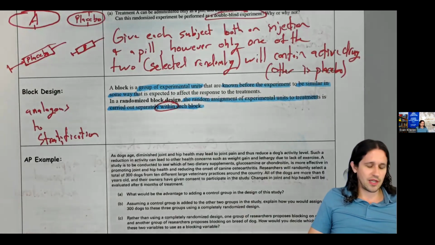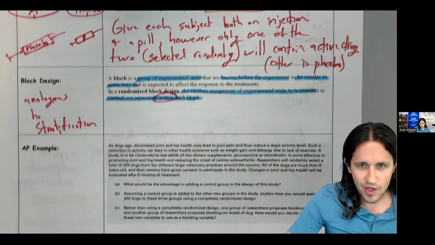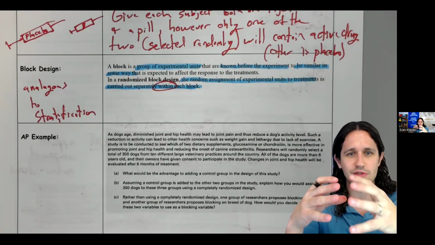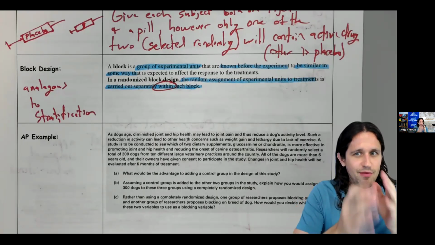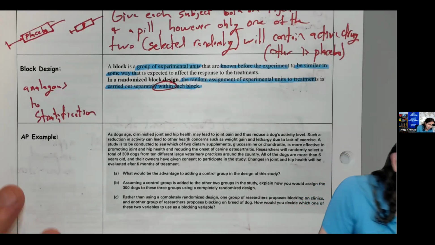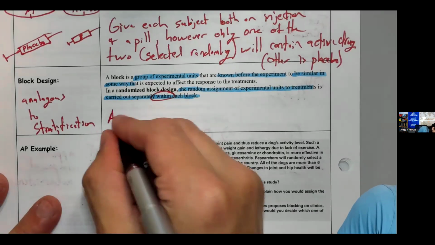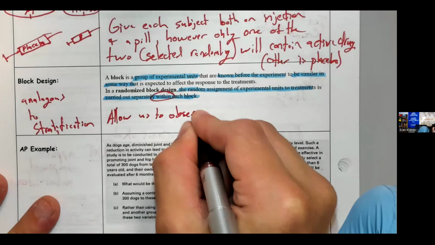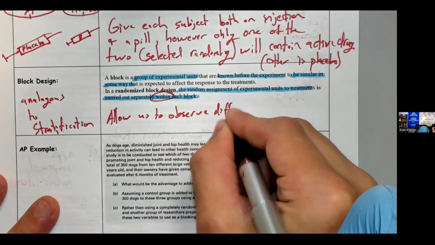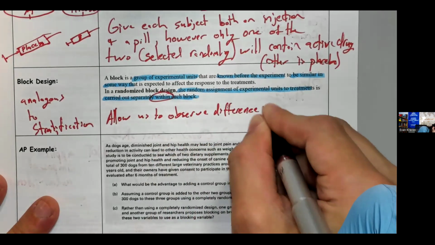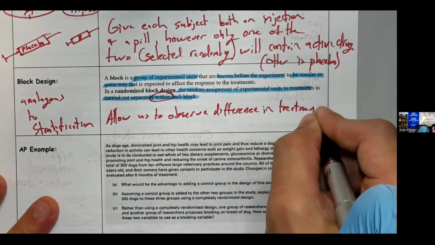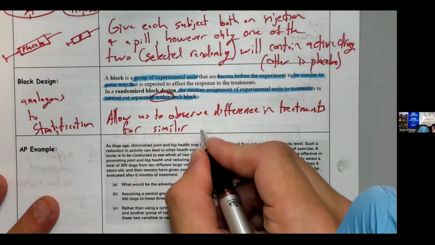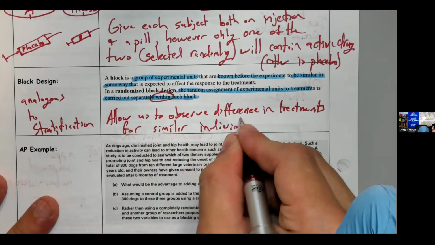So, well, let's take a look down below. We've got an example down below. So blocking, we're going to put similar folks together, but we're not going to randomly select those similar folks. We're going to give some of them one treatment and some of them another treatment. What's this going to allow us to do? Allow us to observe differences in treatments for similar individuals.